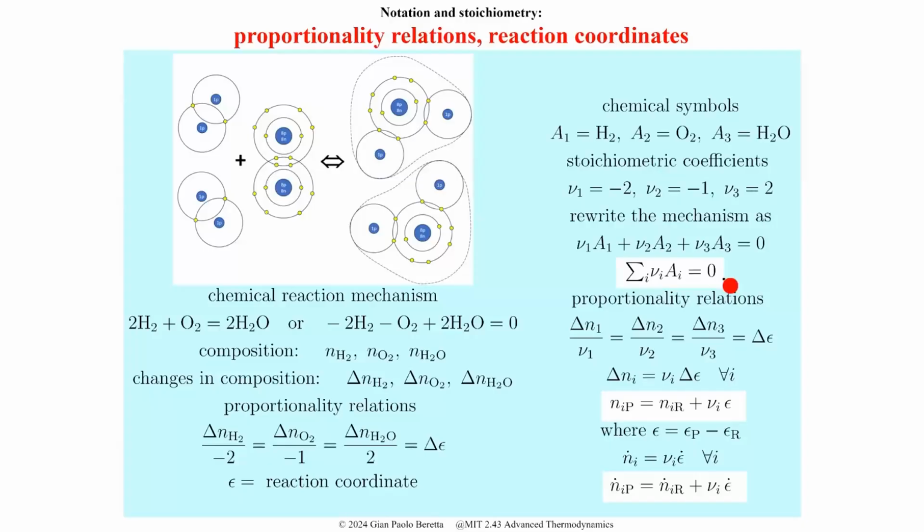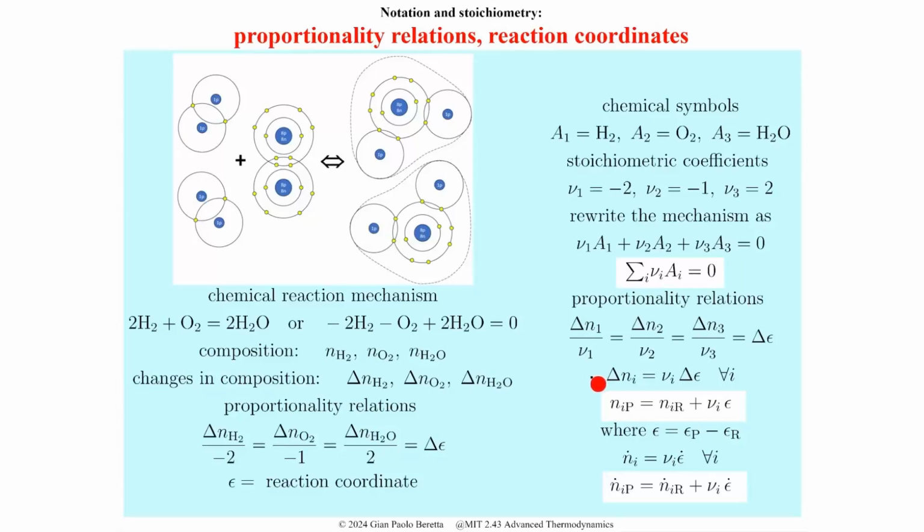Now, the proportionality relations, namely these relations here that represent the role of stoichiometric coefficients in order to represent what changes in composition are possible, are written this way, or also in generic terms like delta n over nu sub i equals delta epsilon, which we can write more explicitly.